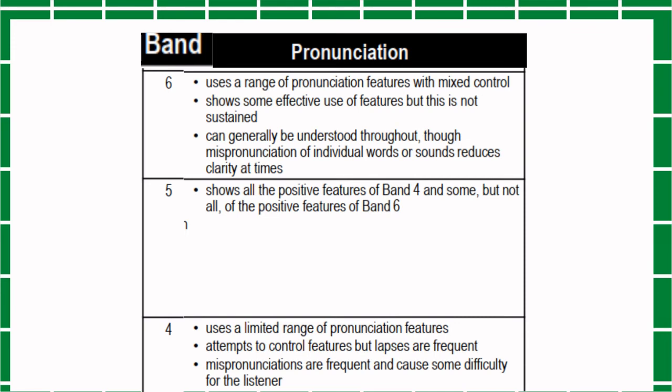For band 5, the candidate shows all the positive features of band 4 and some, but not all, of the positive features of band 6. For band 6, the candidate uses a range of pronunciation features with mixed control, and they can generally be understood throughout their speech.